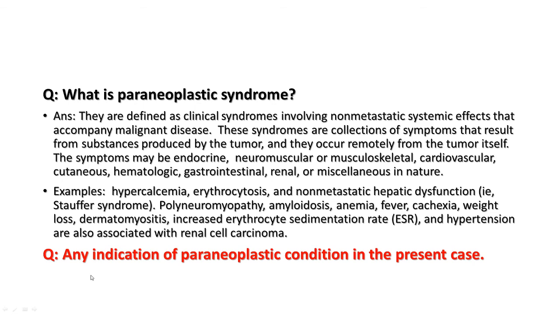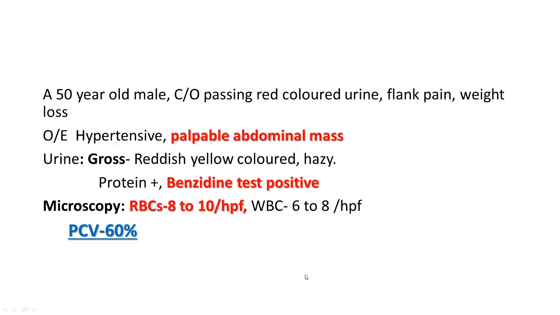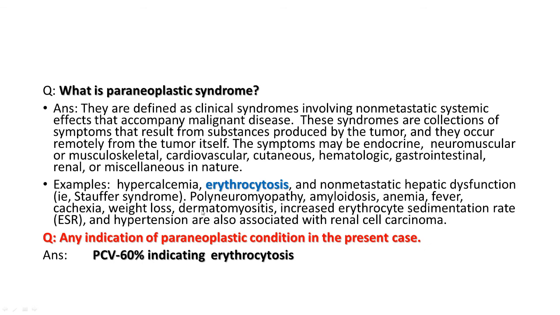I want you to tell me any indication of paraneoplastic condition in the present case. Yes, you can see the PCV, the packed cell volume, usually in normal individuals is around 42 to 45%, but here it is 60%. So the PCV of 60% indicates erythrocytosis, which is one of the paraneoplastic syndromes.